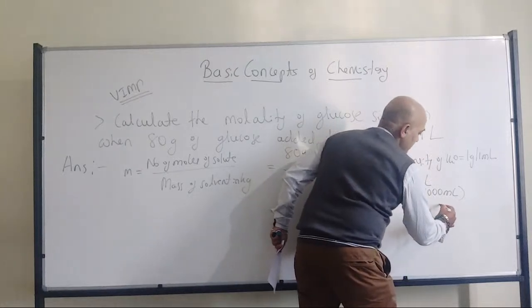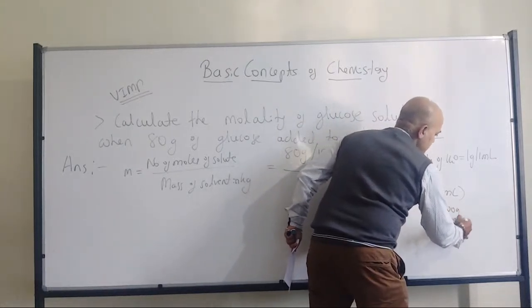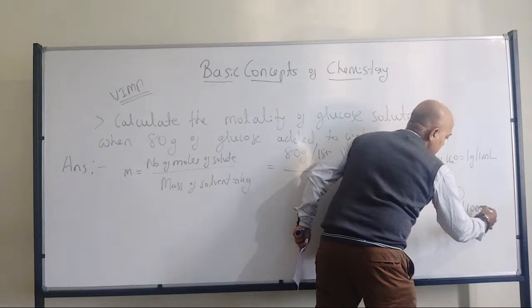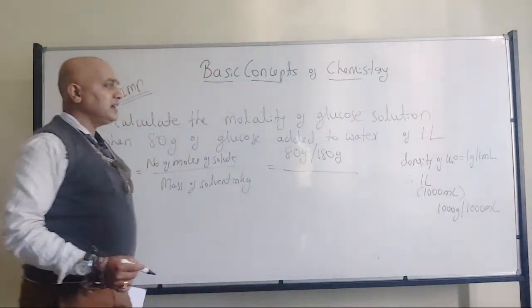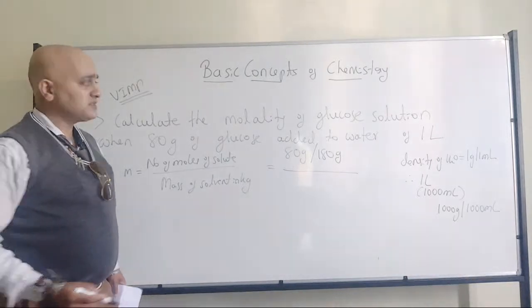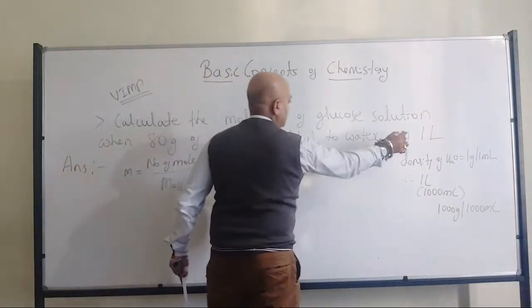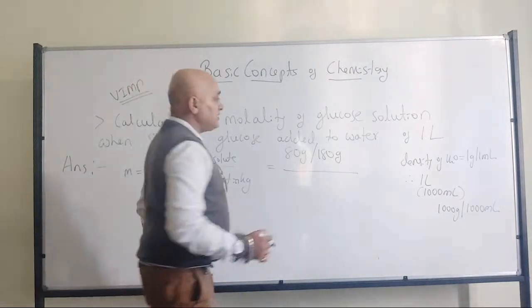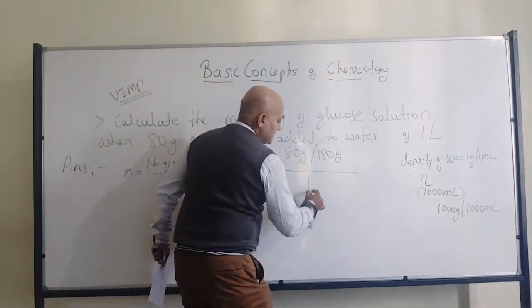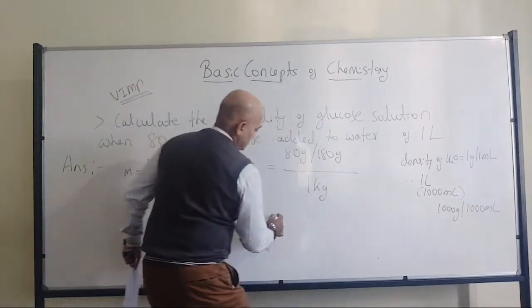So 1 liter is 1000 ml, it will be 1000 grams per 1000 ml. That's where we have the water, 1 liter. It will weigh just 1 kg. Right? So I will write it as 1 kg.